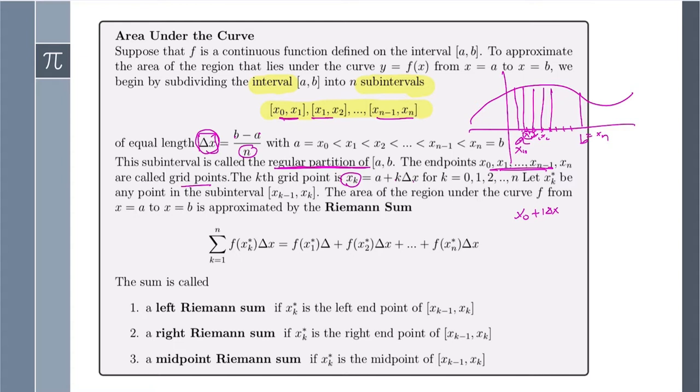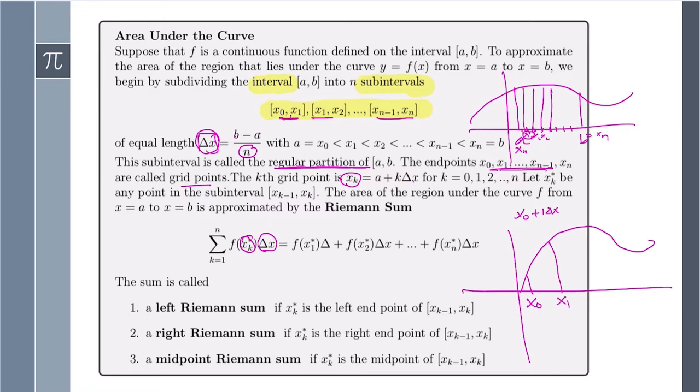which is given by delta x, the width of the rectangle, and f of x sub k star, which is any point on that interval. So let's draw that. For example, I have that curve. Let's say this is x sub 0, this is x sub 1. So I pick any point on this interval.